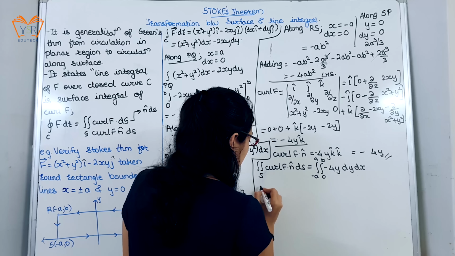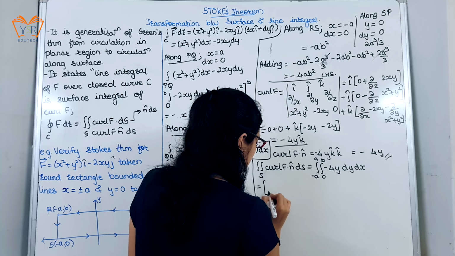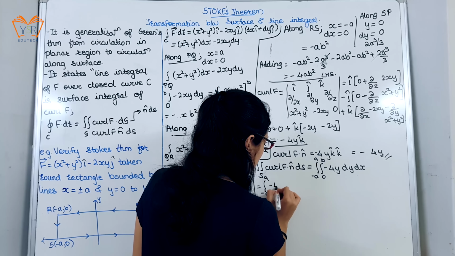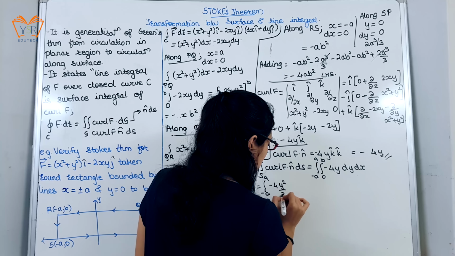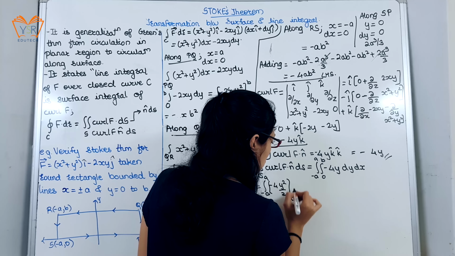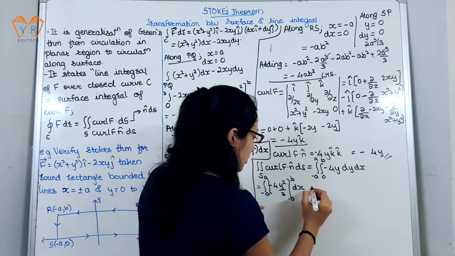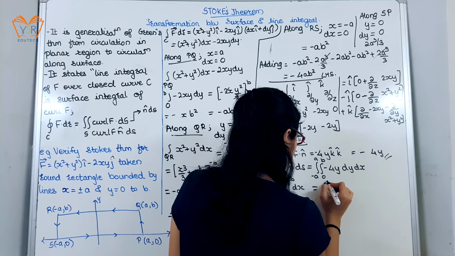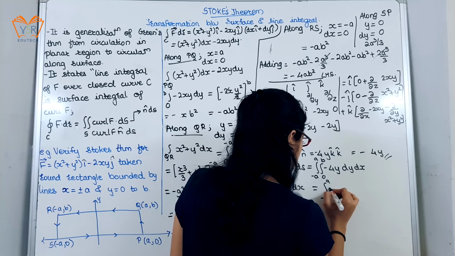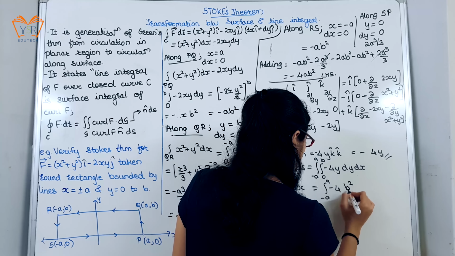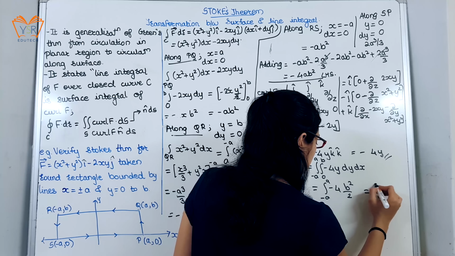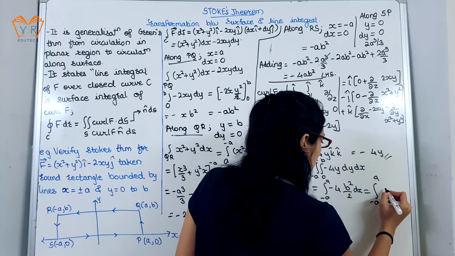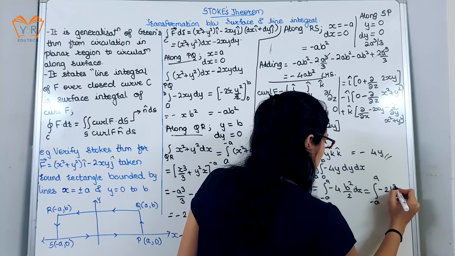Integrated with respect to y, we get 0 to b dx. Substitute the value of the upper limit and lower limit. Two gets cancelled, minus 2b square dx.